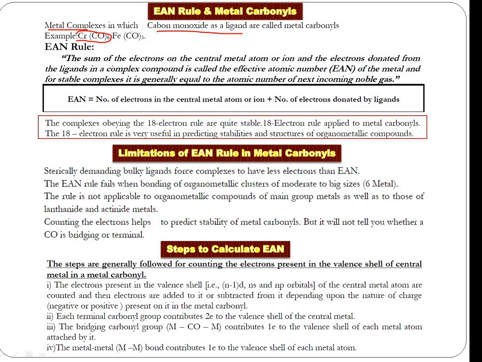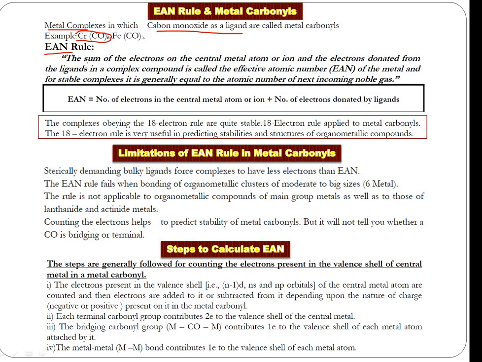ठीक? Now this is all about the metal carbonyls, the bonding between carbonyl and the metal, or carbon monoxide with the metal. Now what does this effective atomic number rule, the EAN rule, say?